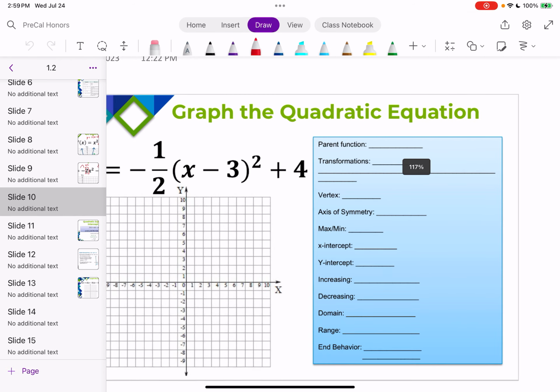Our parent function here is y equals x squared.